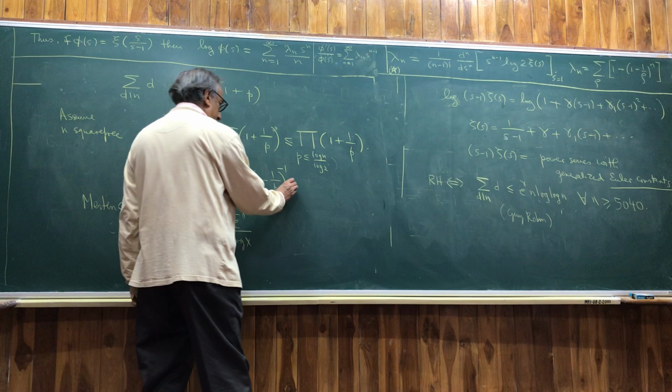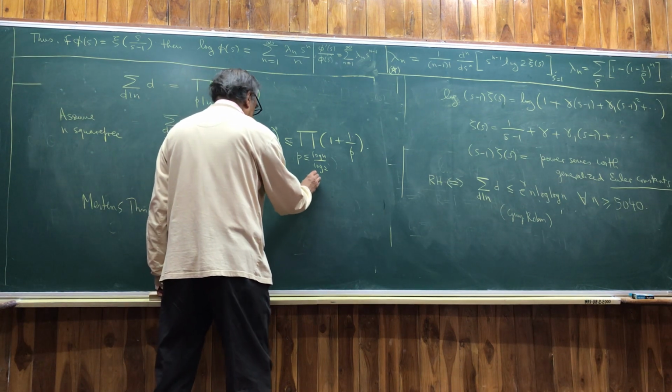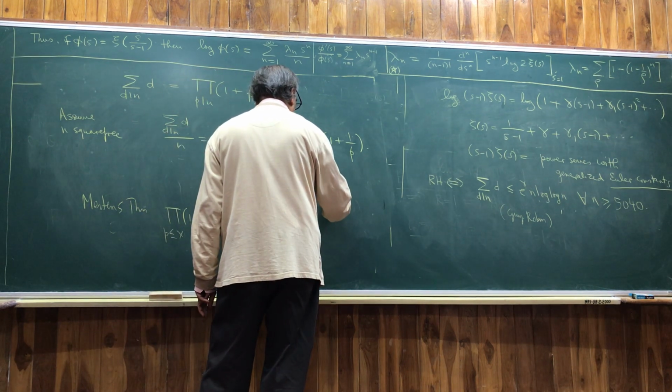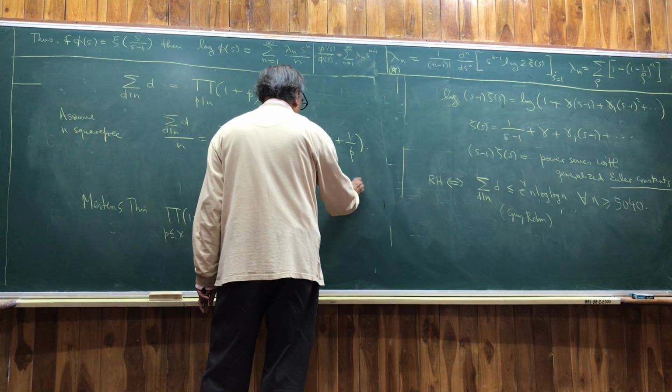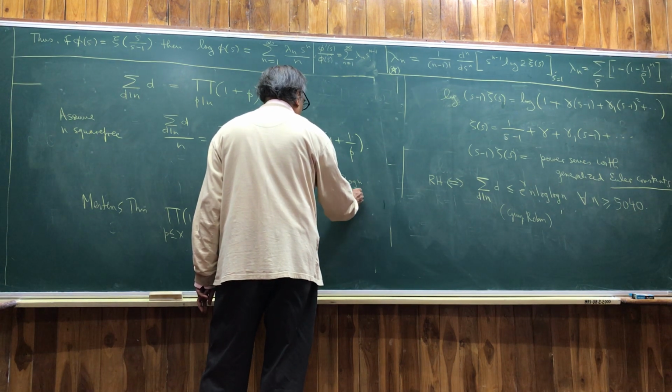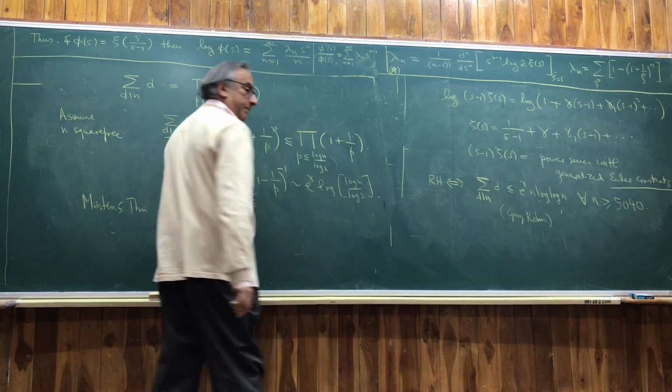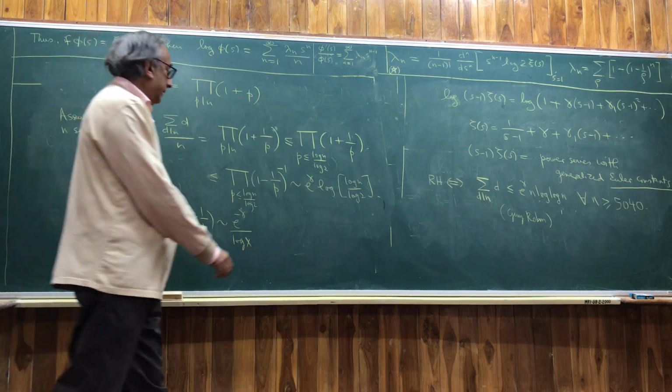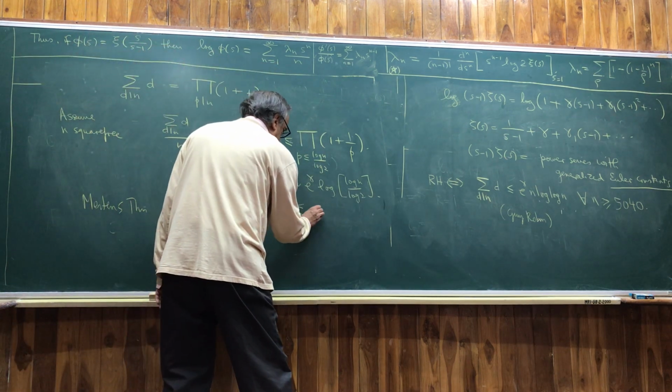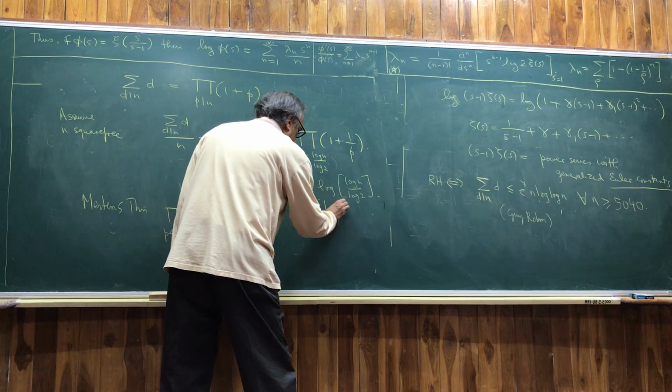So therefore, this is asymptotic to e to the gamma log of log n. So it's asymptotically less than or equal to e to the gamma log log n.